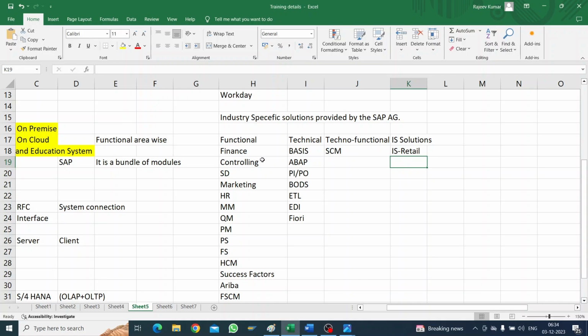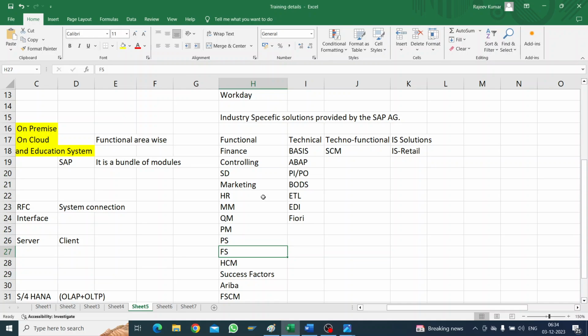On the functional side we have finance, nothing but FI, controlling, nothing but CO, and these two together are called FICO. Then we have SD. In the SD, your marketing and other things also will come over here. You have HR, your human resource, materials management, quality management, plant management, project systems, financial services.